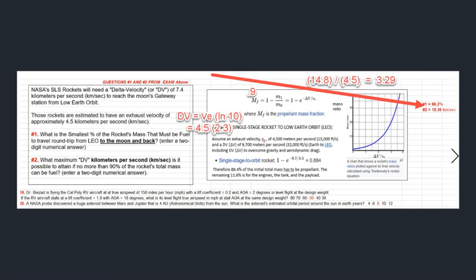All right, the second question is, what maximum delta V is possible if 90% of my rocket's total mass can be fuel? Well, this tells me that my propellant mass fraction has to be 0.9. So I can go right into this equation, and if I subtract 1 from 0.9, it gives me minus 0.1 on the left-hand side.